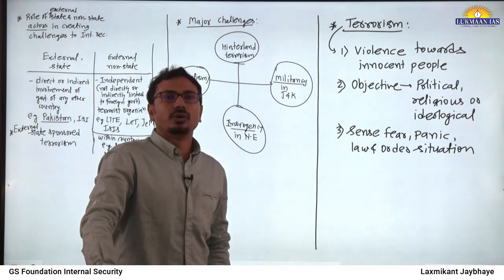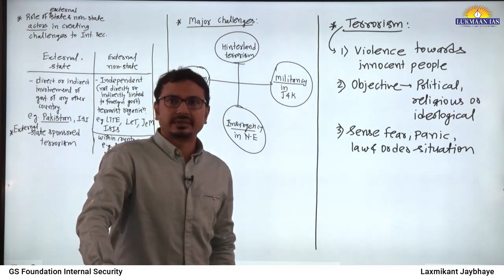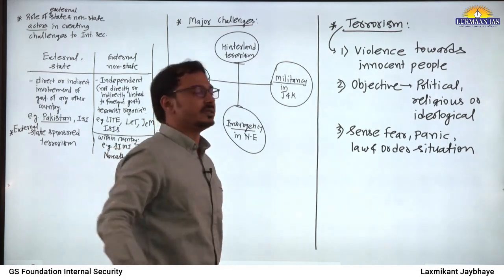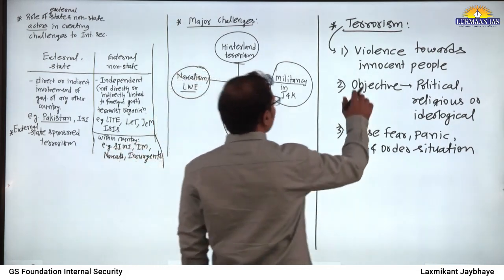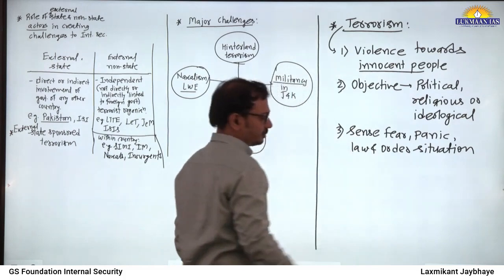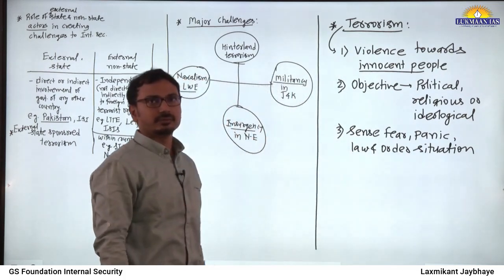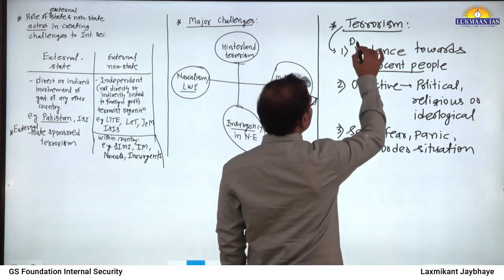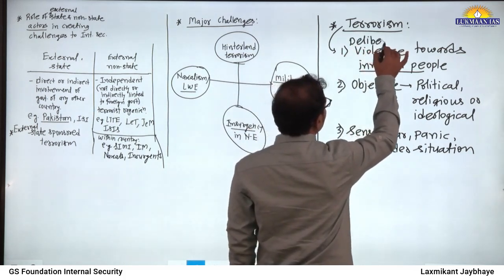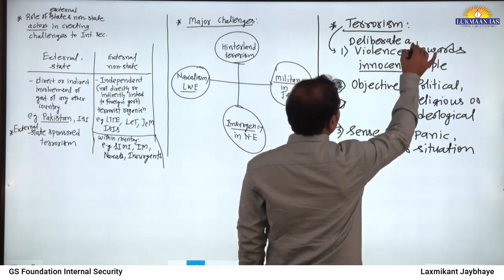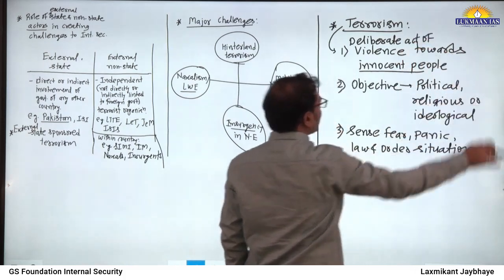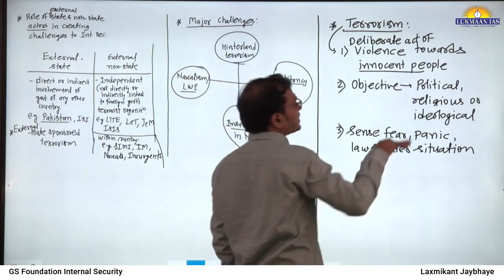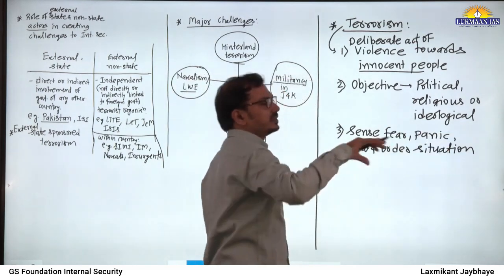Okay, so whenever a terrorist organization, terrorist activity is being done, obviously it is resulting in unintended innocent people getting harmed, even killed. Okay, so this is a deliberate act of violence. The objective here is to force the government, to force the authority.